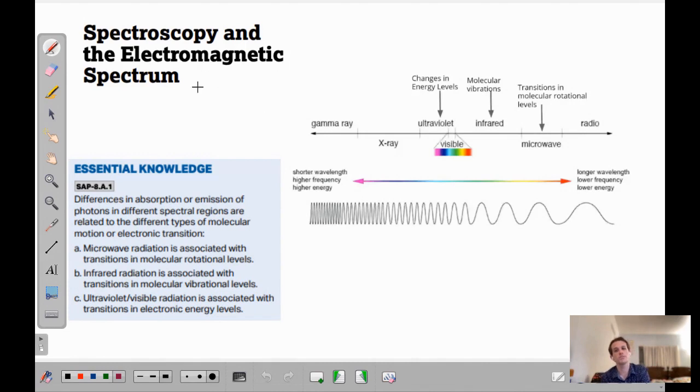So spectroscopy and the electromagnetic spectrum: I teach this in biology, in chemistry, in physics, in regular level science. I feel like you should know it by now. But if you don't, radio waves are on one end and they have very long wavelengths. They're so big that they're just going through your body all the time and you're not even noticing it. Same thing with Wi-Fi and microwaves as well.